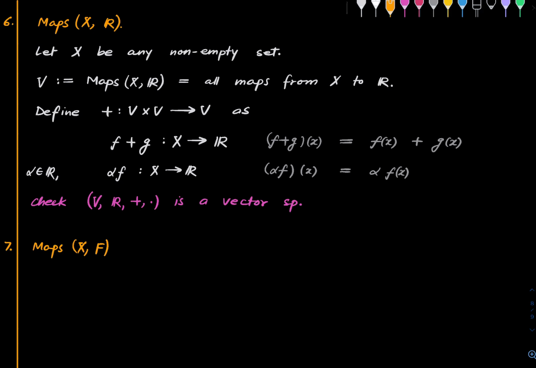So lastly, one more thing. Call it example 8. Consider this quadruple (C^n, R, +, ·). So we are only changing the field. Plus is again coordinate-wise addition and dot is coordinate-wise scaling, but you're only using real numbers to scale now.